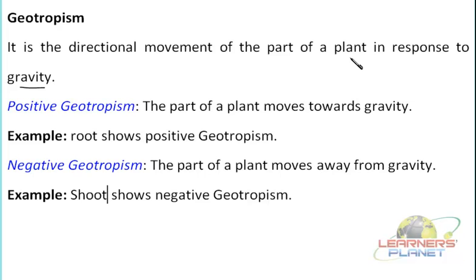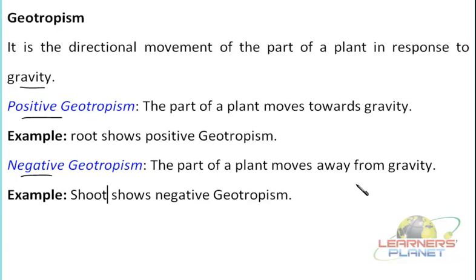So what does it mean here? If the plant or the part of the plant is growing or moving towards gravity, then it is known as positive geotropism. But if it is moving away from gravity, then it is known as negative geotropism.